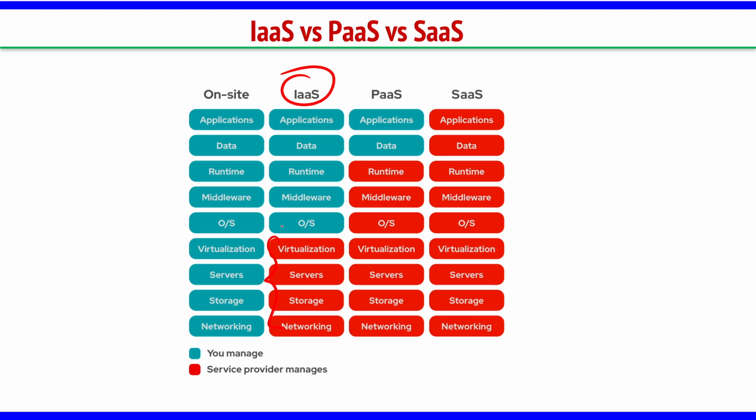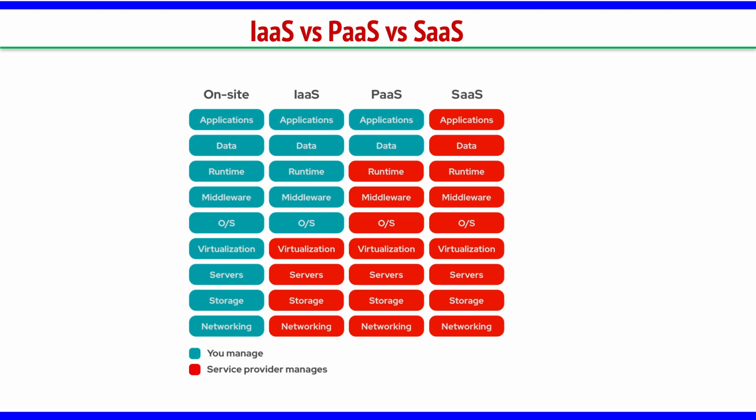You have to worry about OS, middleware, applications and data. Whereas in the second one, platform as a service, even the OS and middleware are taken care of by them. Only application and data you are taking care of. You are writing code and building the application. Whereas in the third category, software as a service, everything is taken care of by the provider. You are just using it and getting the benefits.